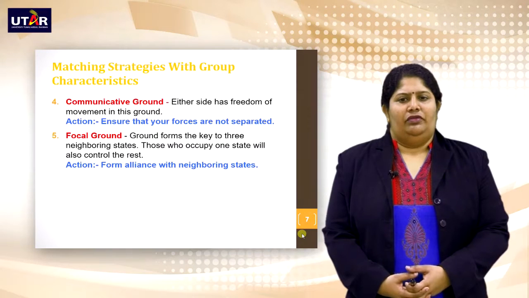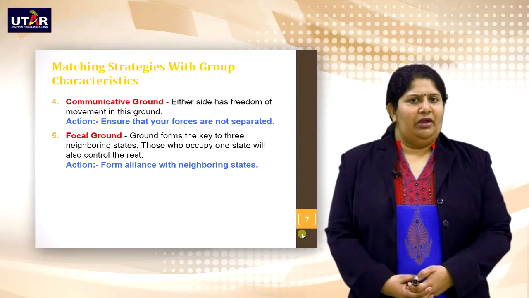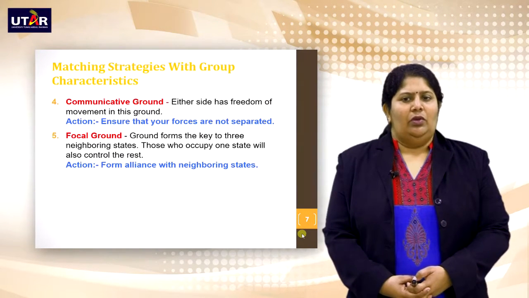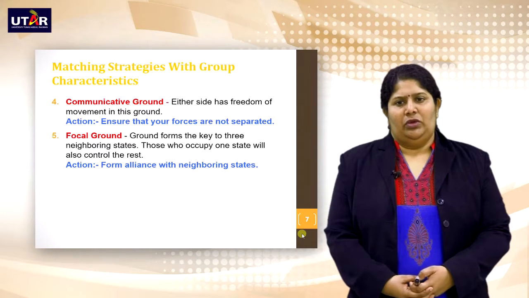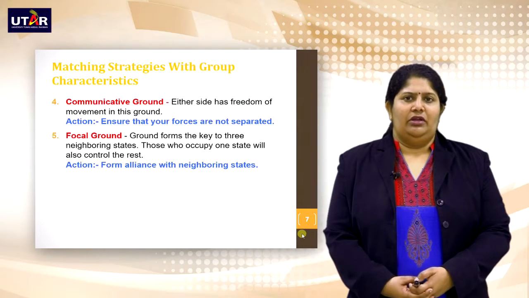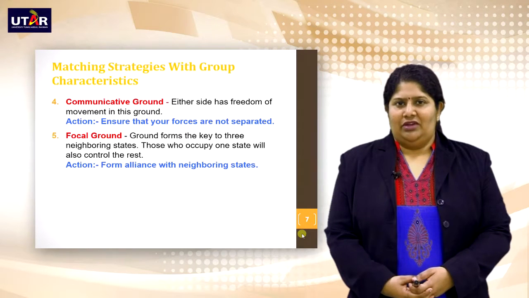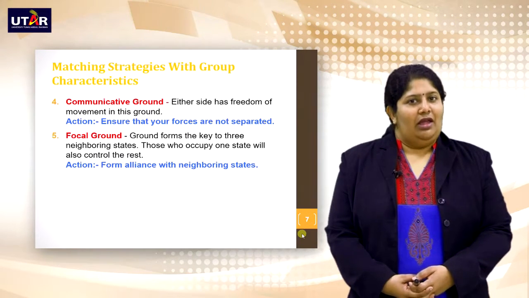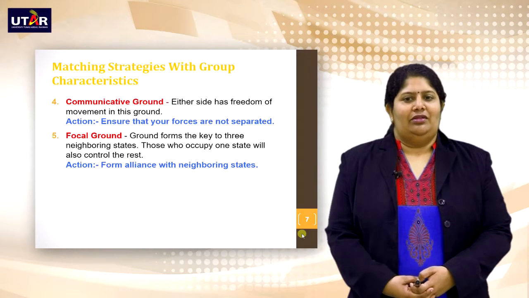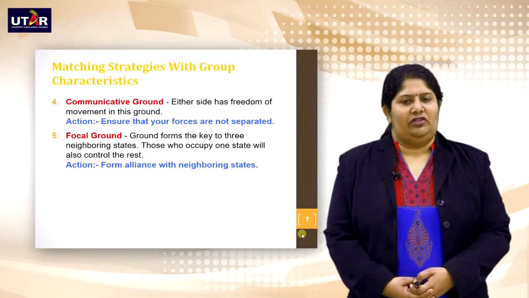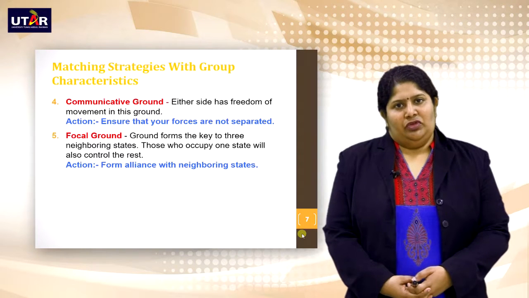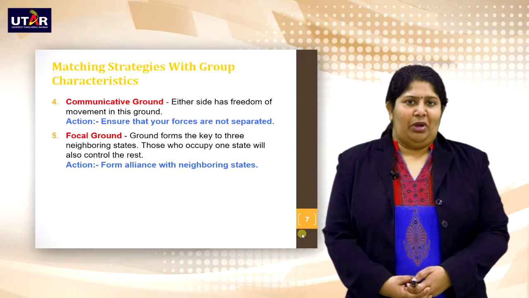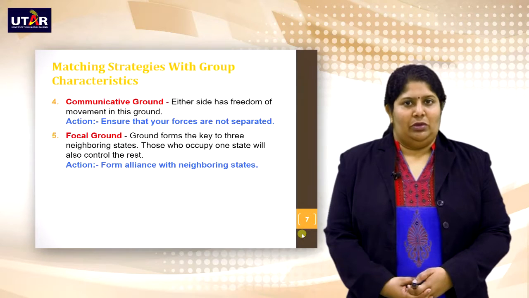So, the army that occupies one neighboring state will be able to control the rest of the neighboring states. So, what's the action? The action will be to try forming alliances with the other neighboring states, as they are able to help in terms of supplies, weapons, and so on.